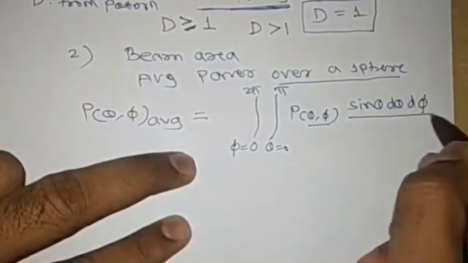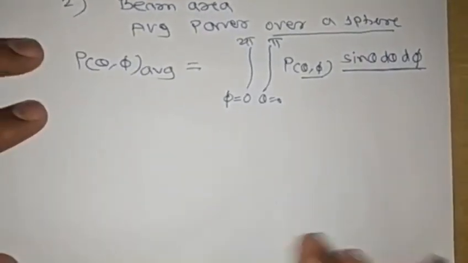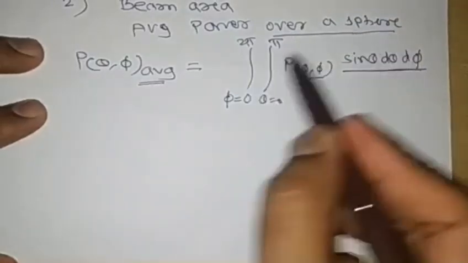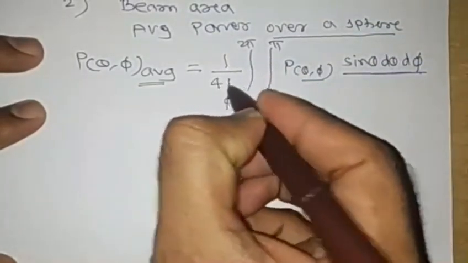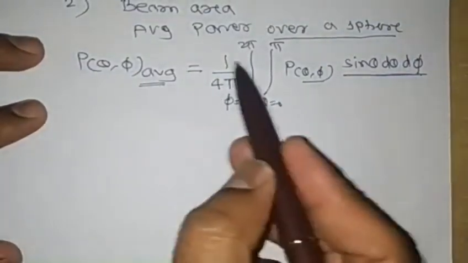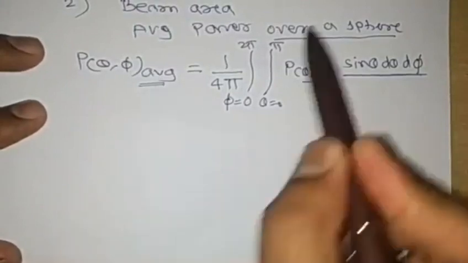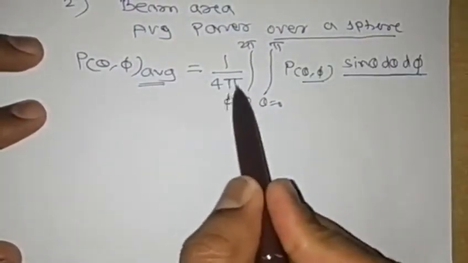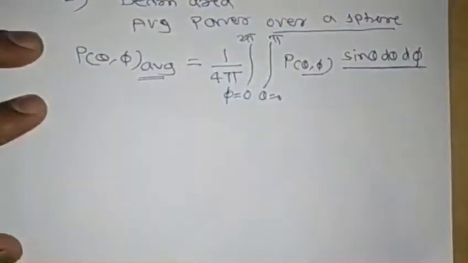You know that this term is the beam area d omega. We have studied this in the previous video. Now, since we are writing the equation for average power over a sphere, this term needs to be divided by 4 pi, so it is 1 upon 4 pi. Why 4 pi? Because we are talking about average power over a sphere, and a sphere subtends a total of 4 pi steradians. So this is the equation for the denominator term.